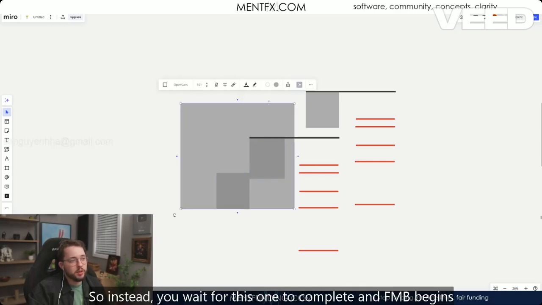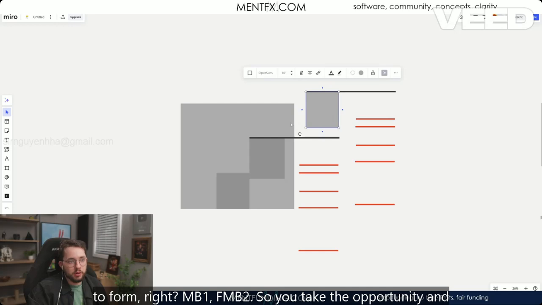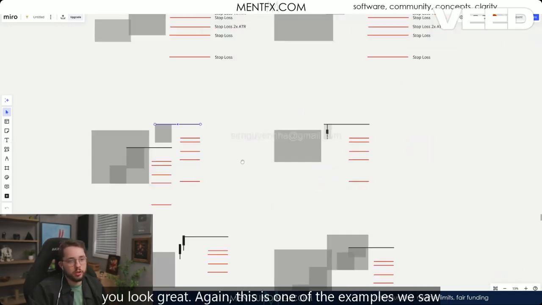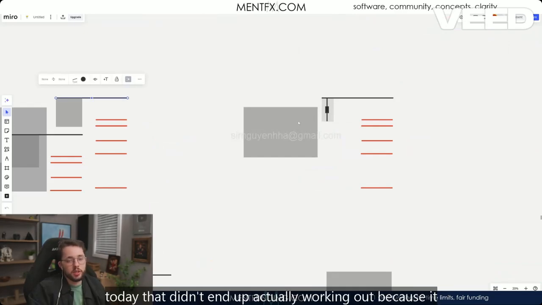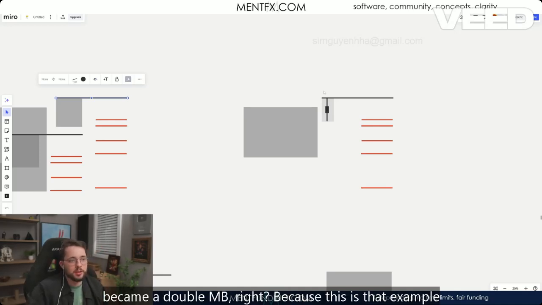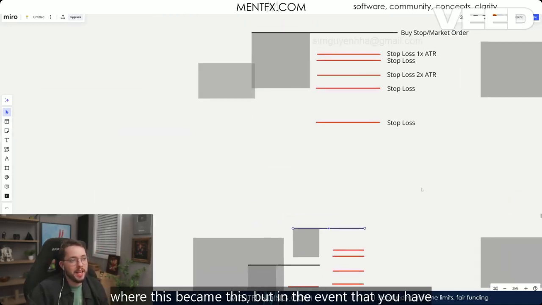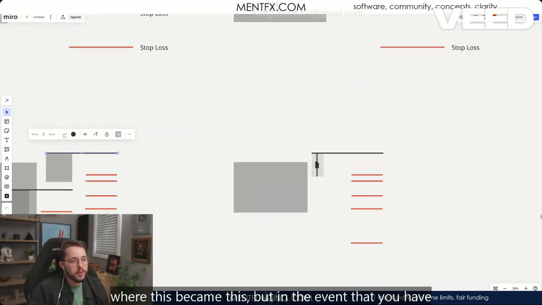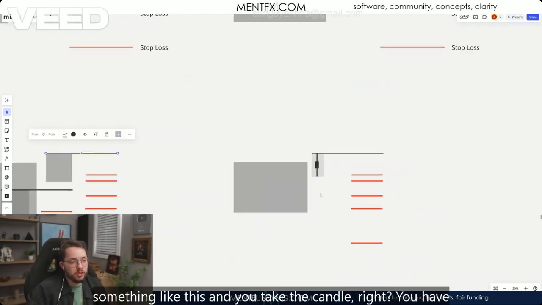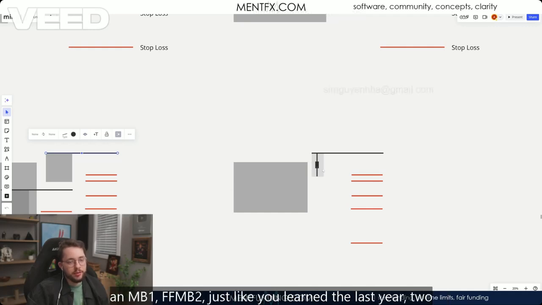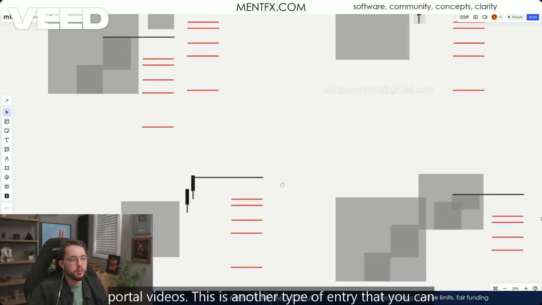So instead you wait for this one to complete and FMB begins to form, right? MB1, FMB2. So you take the opportunity and you look great. Again, this is one of the examples we saw today that didn't end up actually working out because it became a double MB, right? Because this is that example where this became this. But in the event that you have something like this and you take the candle, right, you have an MB1, FMB2, just like you learned in the last few portal videos.